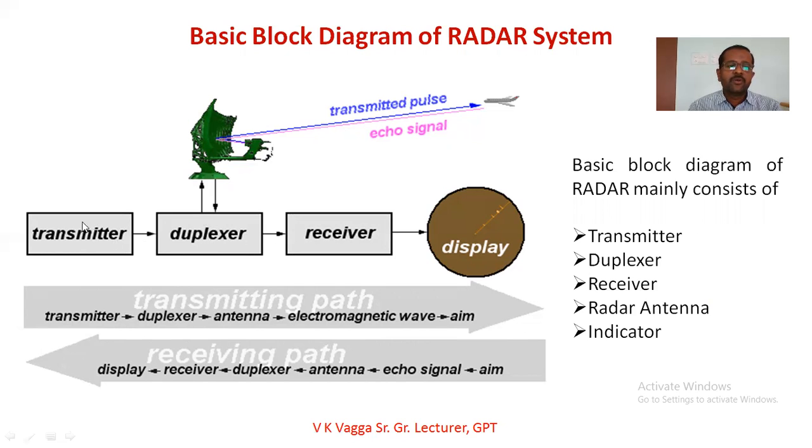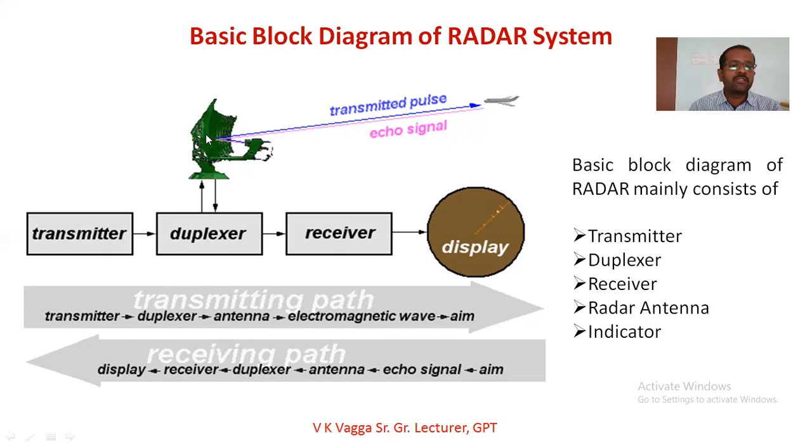Okay, so the transmitter radiates the high power radio frequency signal, and it is passed into the duplexer. The duplexer receives the signal from the transmitter, and it is passed to the radar antenna.